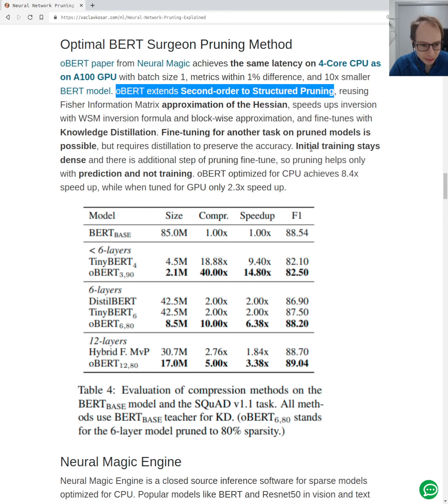The method effectively just extends the second order structured pruning, and it uses a Fisher information matrix approximation of the Hessian. It speeds up an inversion that is being done there, an inversion formula with blockwise approximation, and then fine-tunes with knowledge distillation. So we retain this densely trained model, and then we fine-tune during the pruning the smaller pruned model, the sparse model.